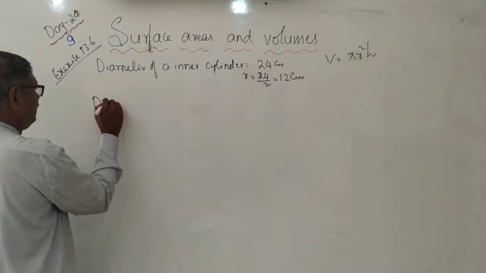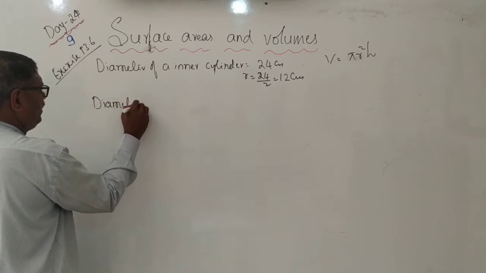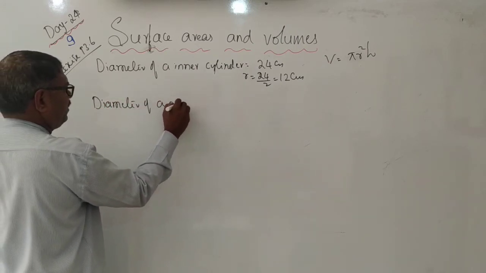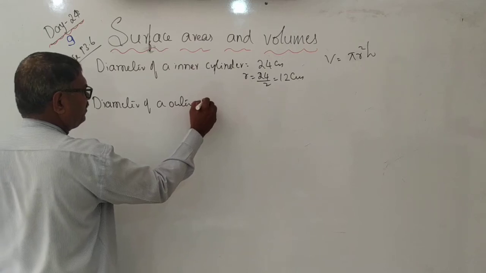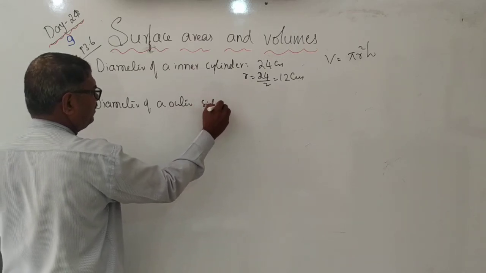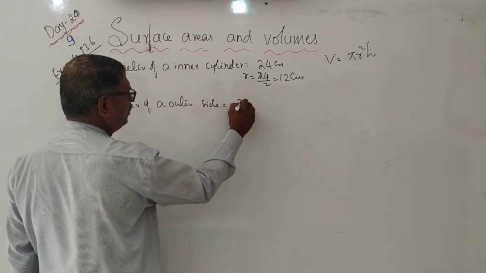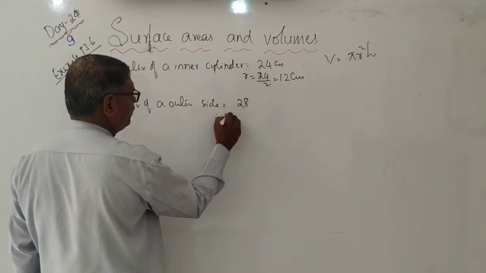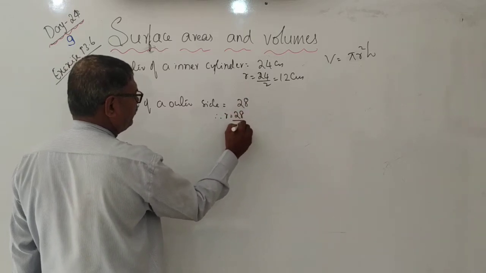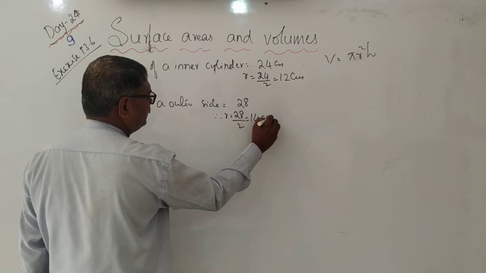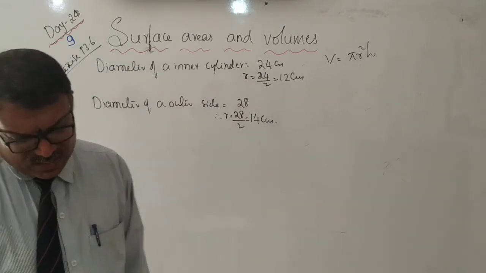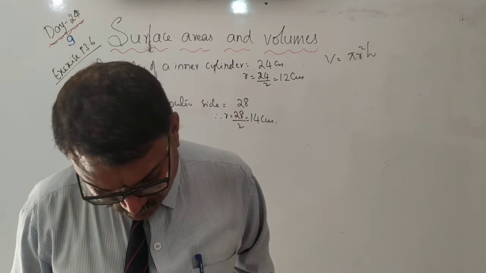Next, diameter of the outer side is nothing but 28. Therefore, r is equal to 28 by 2, 14 centimeters. Okay? Right. Next.